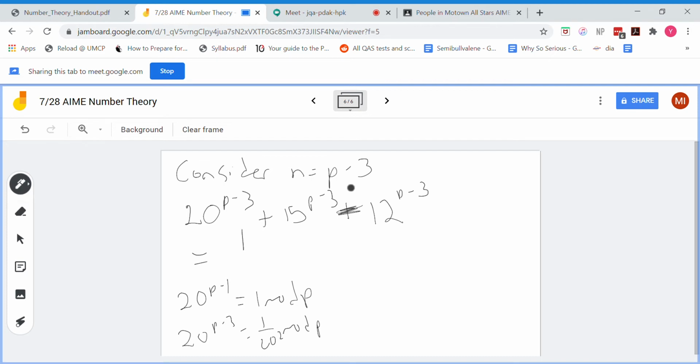So this equals 1 over 20 squared plus 1 over 15 squared minus 1 over 12 squared, and you can check that this equals 0. So 20 to the power of p minus 3 plus 15 to the power of p minus 3 minus 12 to the power of p minus 3 equals 0, and 0 is obviously equal to 0 mod p. So for n equals p minus 3, this is always true. This is an example of where using inverses as fractions might be useful.